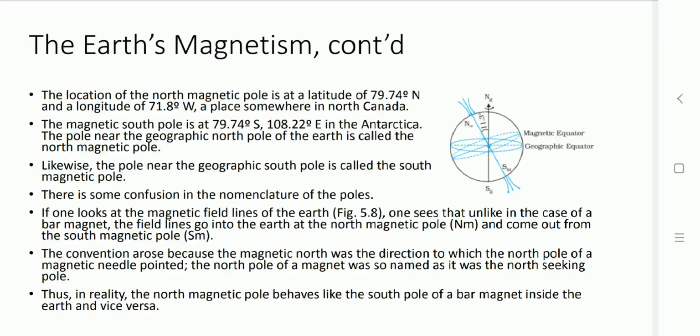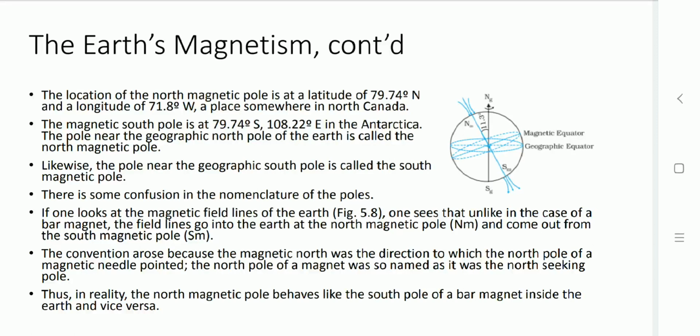But as we understood till now, the pole from where the magnetic field lines come out or leave is the north pole, and the pole where the magnetic field lines enter the bar is the south pole. Here some confusion, or a different sign, is defined in the diagram.